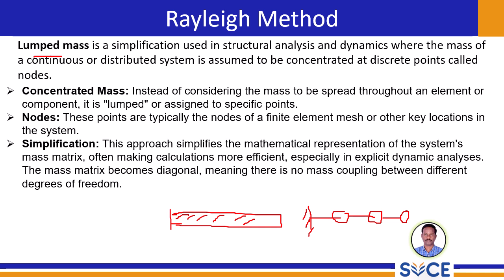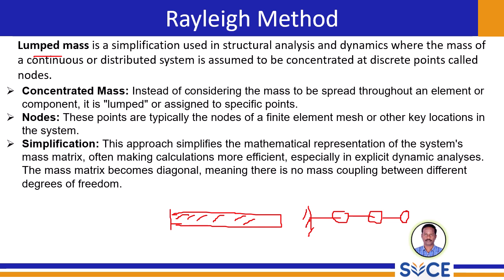Instead of considering the mass to be spread throughout an element, it is lumped and assigned to these specific nodal points. These nodes are typically key locations in the system, such as locations where external masses are attached. Otherwise, they are the nodes of a finite element mesh.